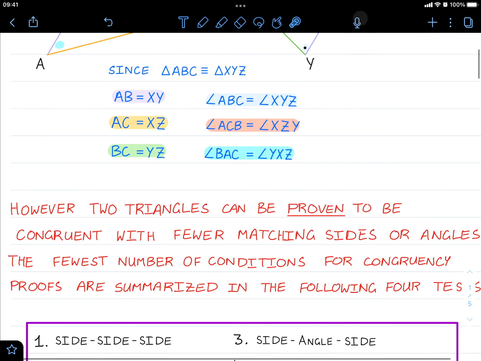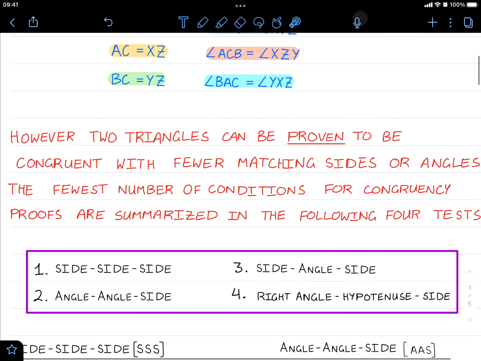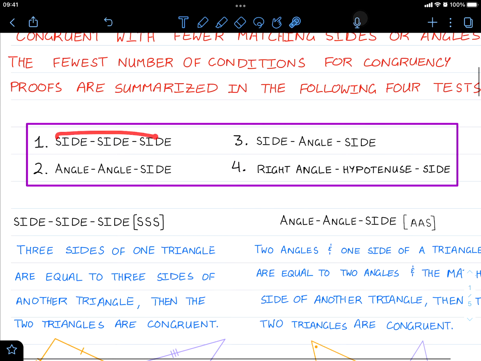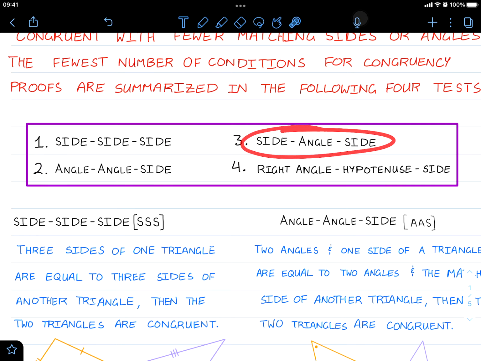However, 2 triangles can be proven to be congruent with fewer matching sides or angles. The fewest number of conditions for congruency proofs are summarized in the following 4 tests: side, side, side; angle, angle, side; side, angle, side; and right angle, hypotenuse, side.